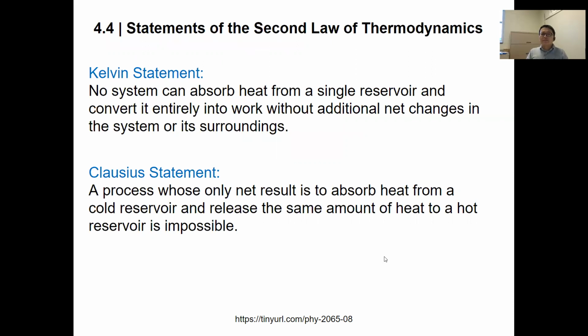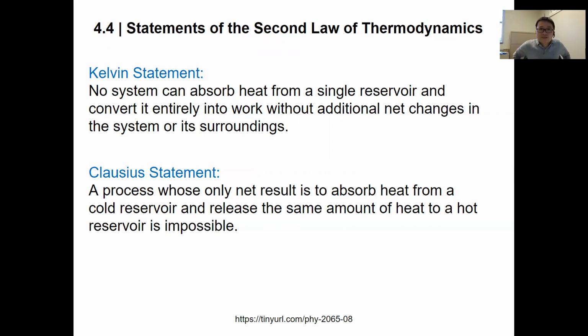All right. Two more statements about the second law of thermodynamics. Kelvin's statement says no system can absorb heat from a single reservoir and convert it entirely into work without additional net changes in the system or the surroundings. So you cannot convert heat 100% into work.